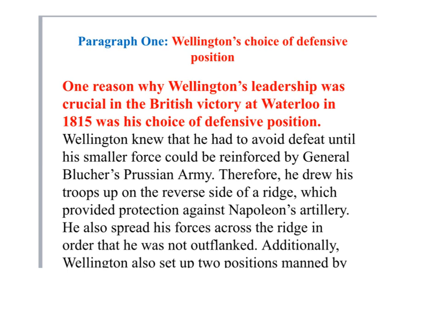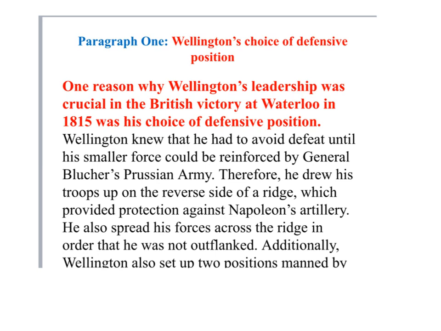So if we look at the first paragraph here, which is an exemplar answer, what we've done in red at the top is just set it up. One reason why Wellington's leadership was crucial in the British victory at Waterloo in 1815 was his choice of defensive position. And we've talked about that.